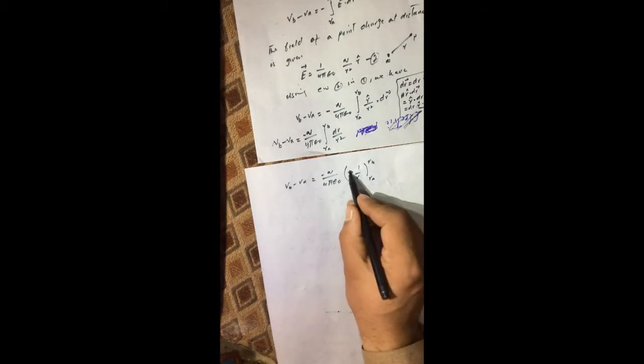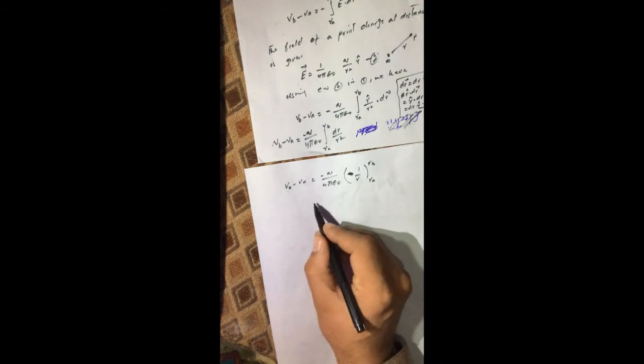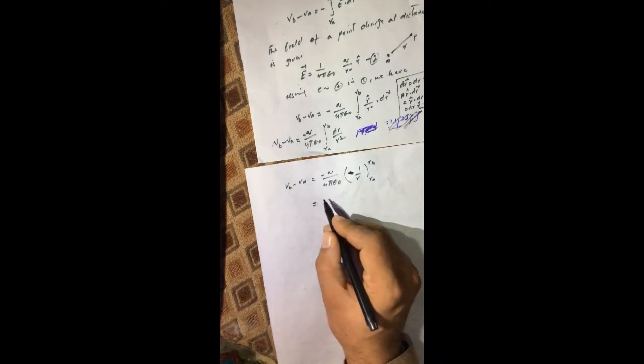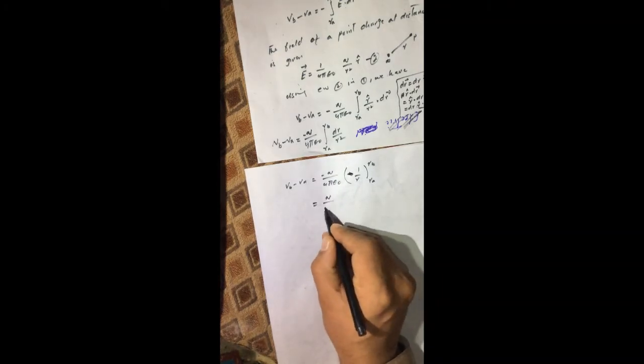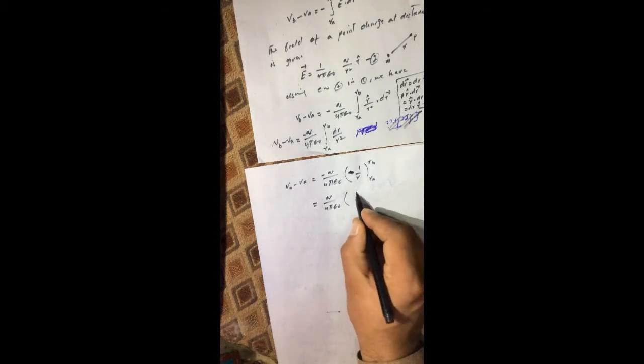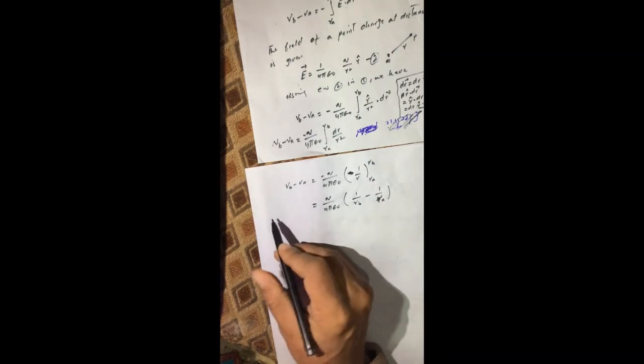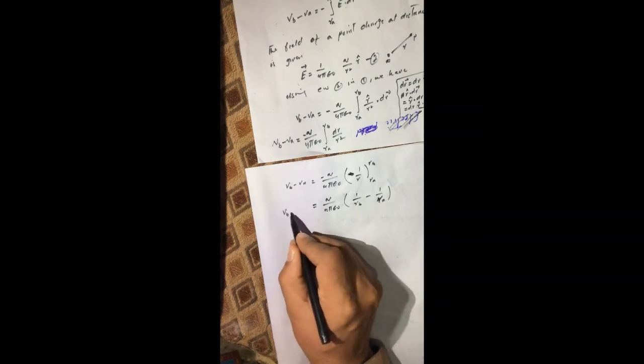If I put the limits here, this is minus 1 over r. Now this minus minus will become plus. So if I put the limit, the final expression will be Q over 4 pi epsilon naught into 1 over RB minus 1 over RA. This is the potential difference VB minus VA.